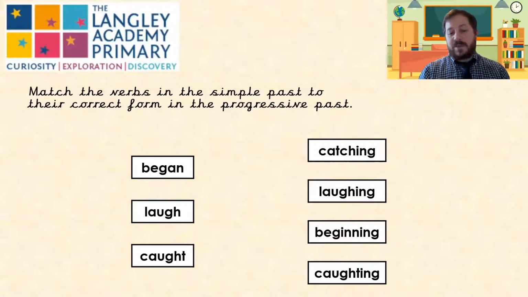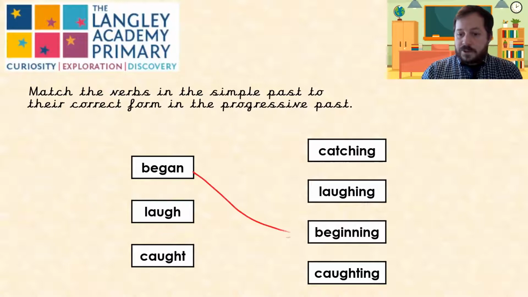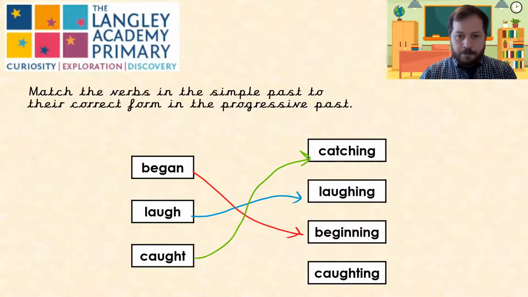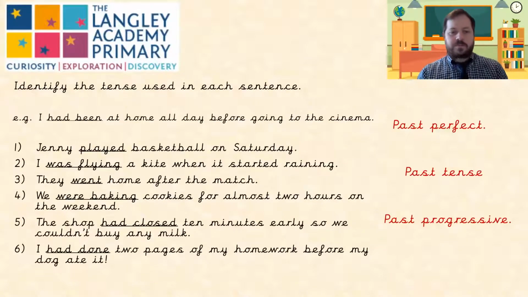Okay, so some of these are easier than others, and one is harder. So began goes to beginning, laugh goes to laughing. Now caught, we've got catching or courting, and it's really about what sounds right, and in this case it is catching. Okay, so here we've got 6 sentences, and what I want you to tell me is which tense is being used for each of these sentences.